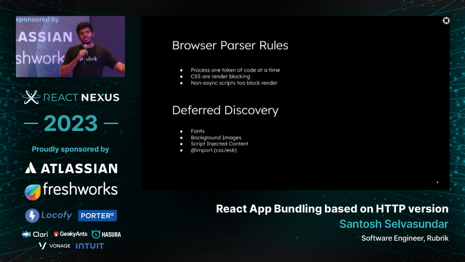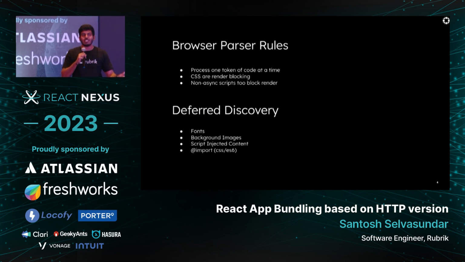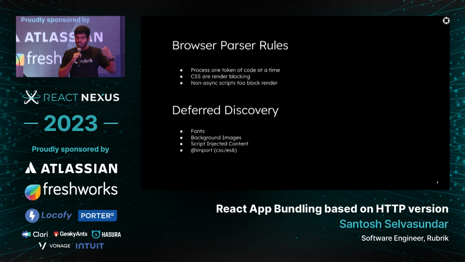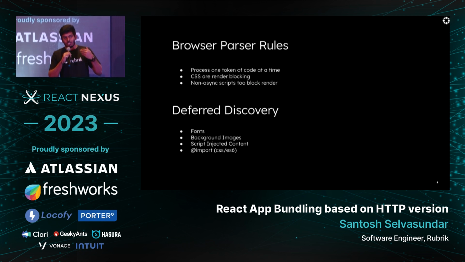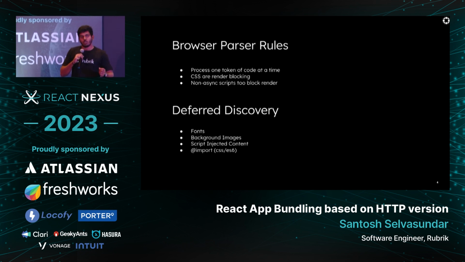I just go synchronously, one token at a time. CSS is render blocking. Obviously HTML is render blocking. And JavaScript which is loaded synchronously is also render blocking, and it waits for the JavaScript to download, so that also blocks the render.